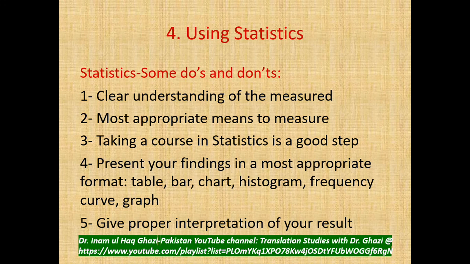And last but not least, the researcher should give a proper interpretation of the results, using all the relevant statistical tools and techniques that, as I said earlier and I repeat, are nowadays available, have become very easy, and are available in software form and apps. Many apps are also available.